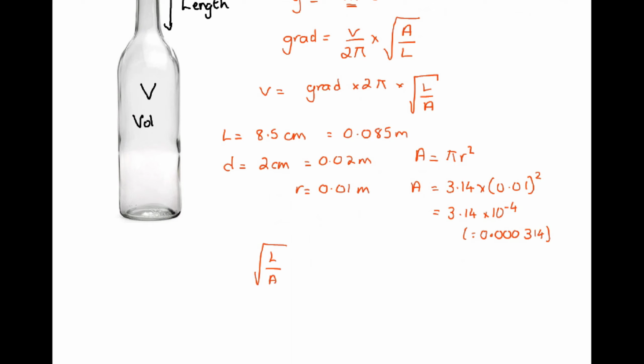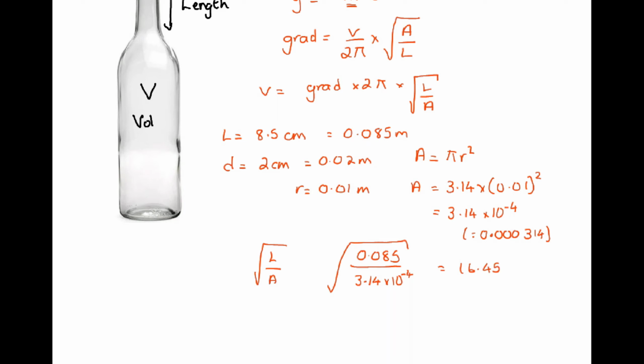So what you're going to have to do there is do your L, 0.085, divide it by your A, 3.14 times 10 to the minus 4, or if you prefer, 0.000314. And then when you get that answer, you're going to have to take the square root of it. And when I do that, I get 16.45.